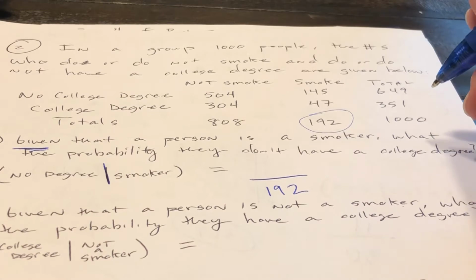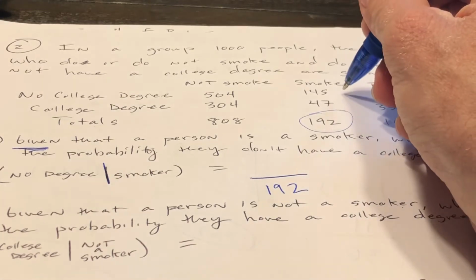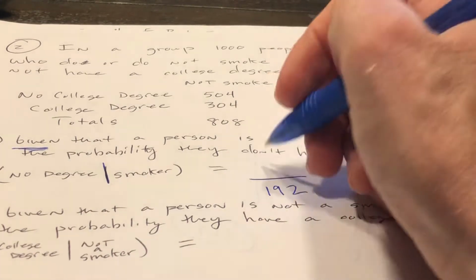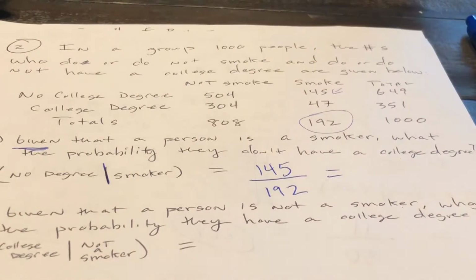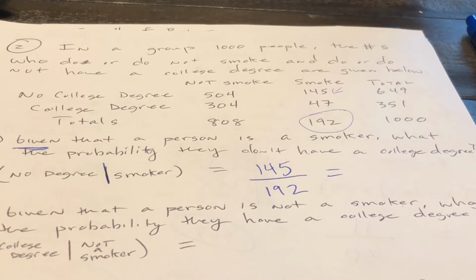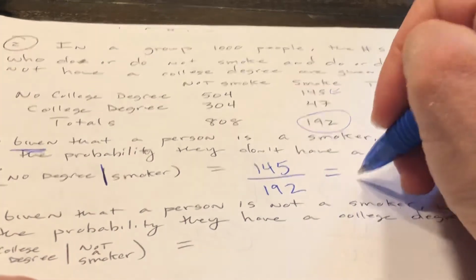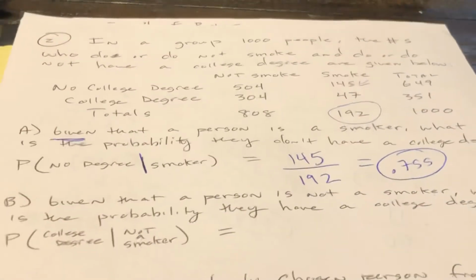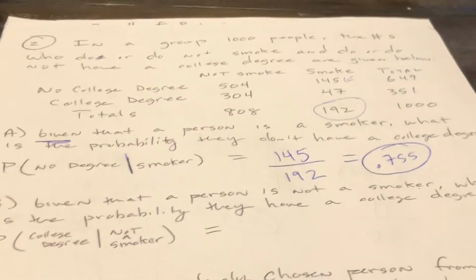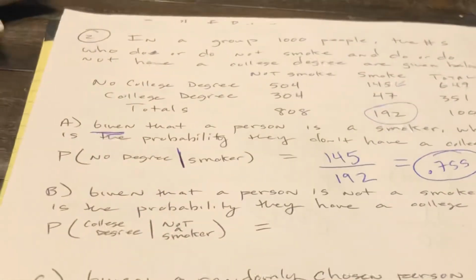The numerator is going to be no college degree, which is 145. All right, so you're just going to type 145 divided by 192. That goes in the calculator. That is 0.755.